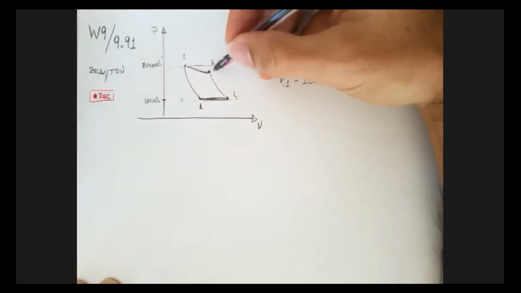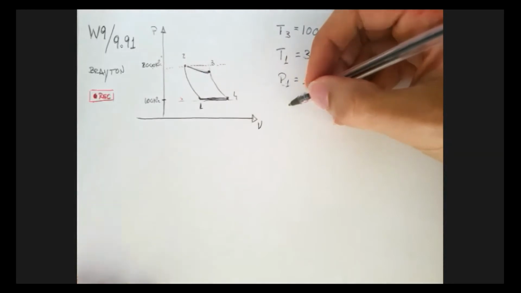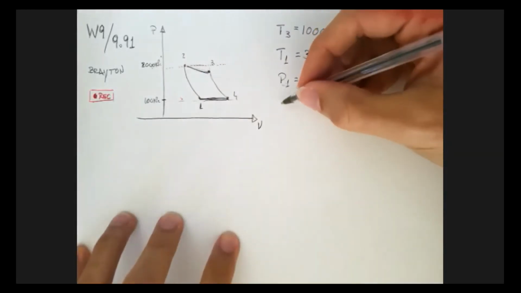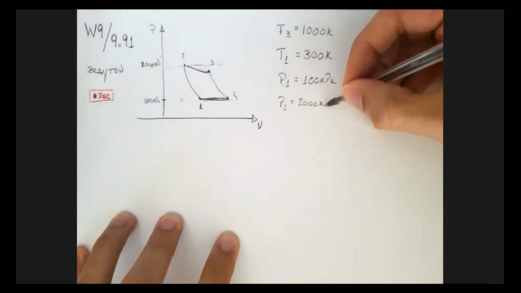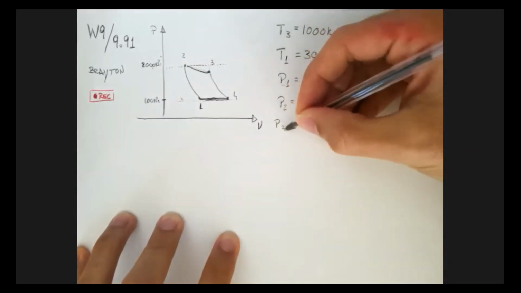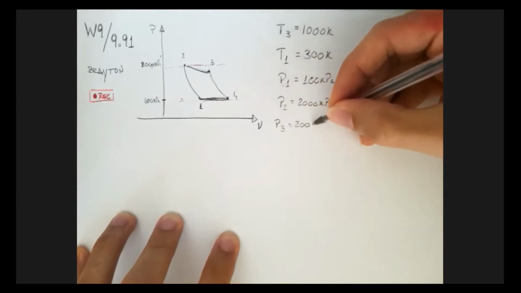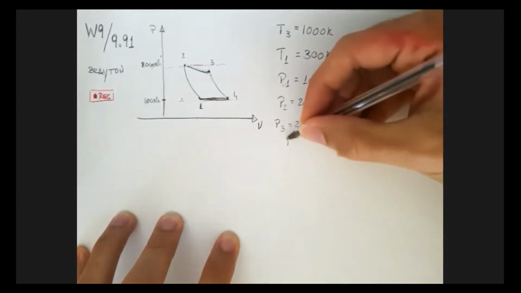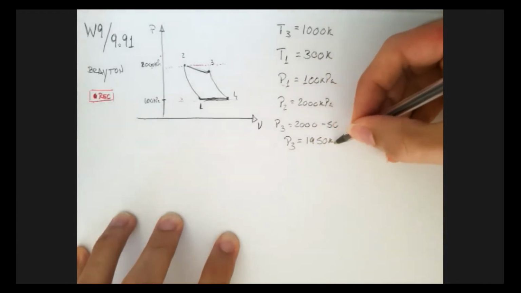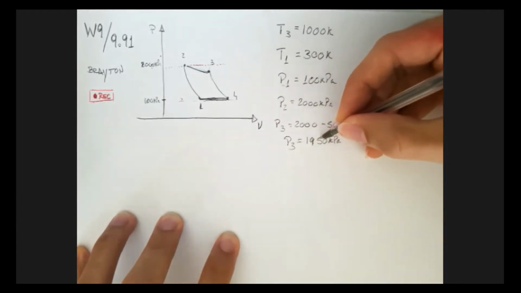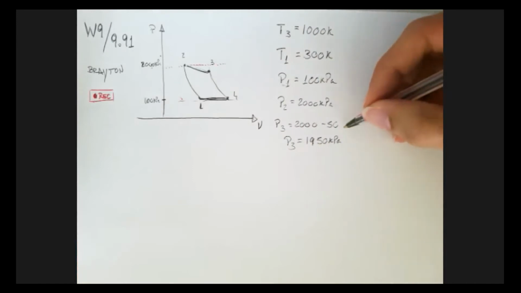And then 3 is just the maximum minus 50, because we have a 50 kilopascal drop. So my P2 is 2,000 kilopascals, and my P3 is just 2,000 minus 50. That's pretty much the only thing that changes with respect to everything else we did on the Brayton cycle.